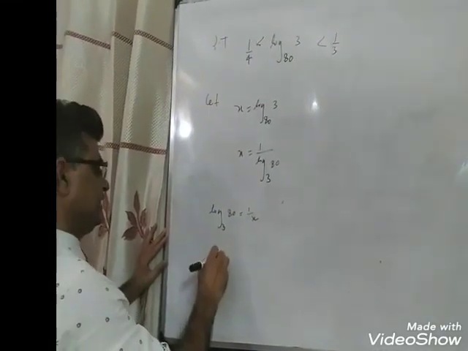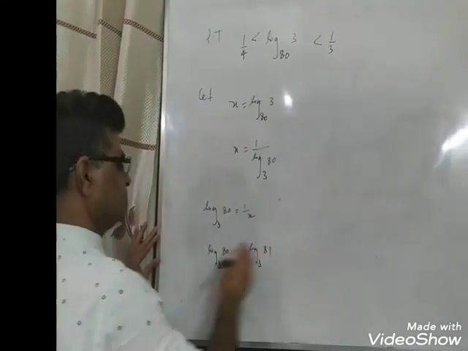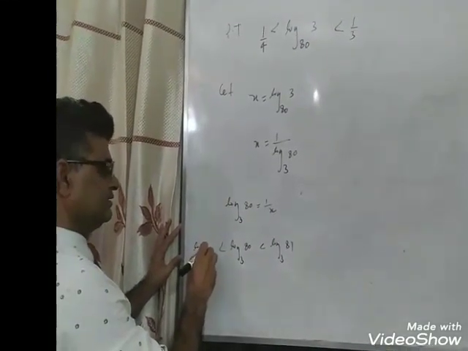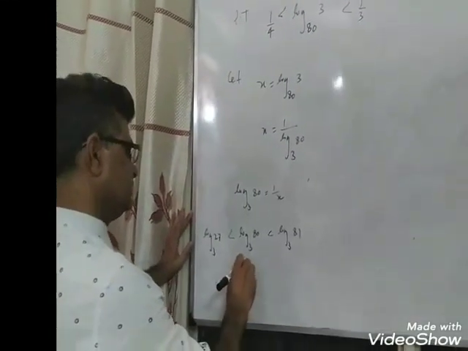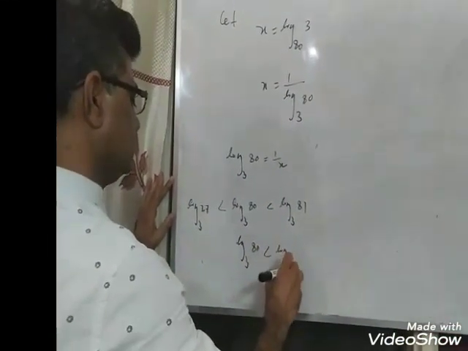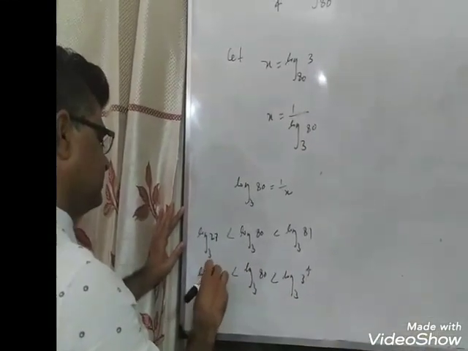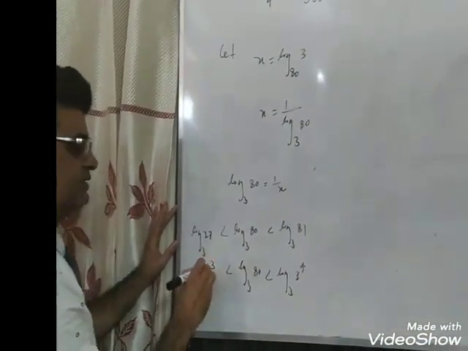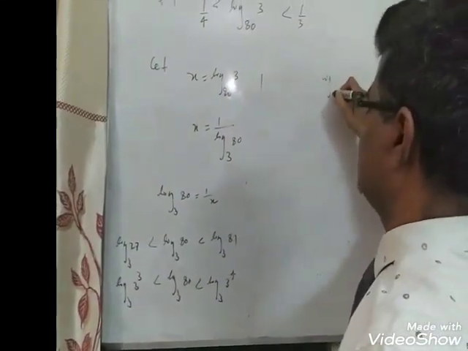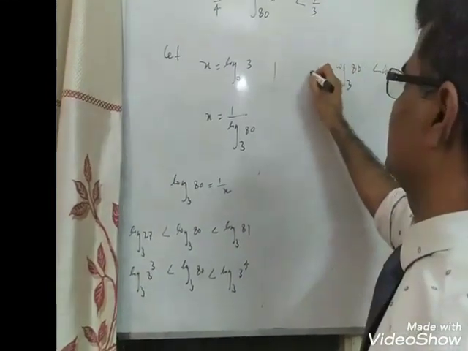We know that log base 3 of 80 is less than log base 3 of 81, but it is greater than log base 3 of 27. So you can see that log base 3 of 80 is less than log 3 to the power 4, and it is greater than log 3 to the power 3. So log base 3 of 80 is less than 4 and greater than 3.